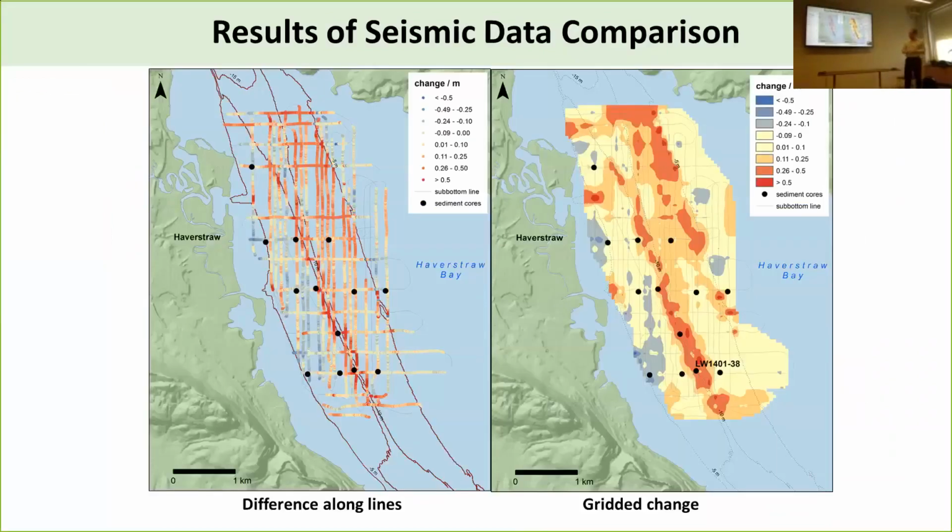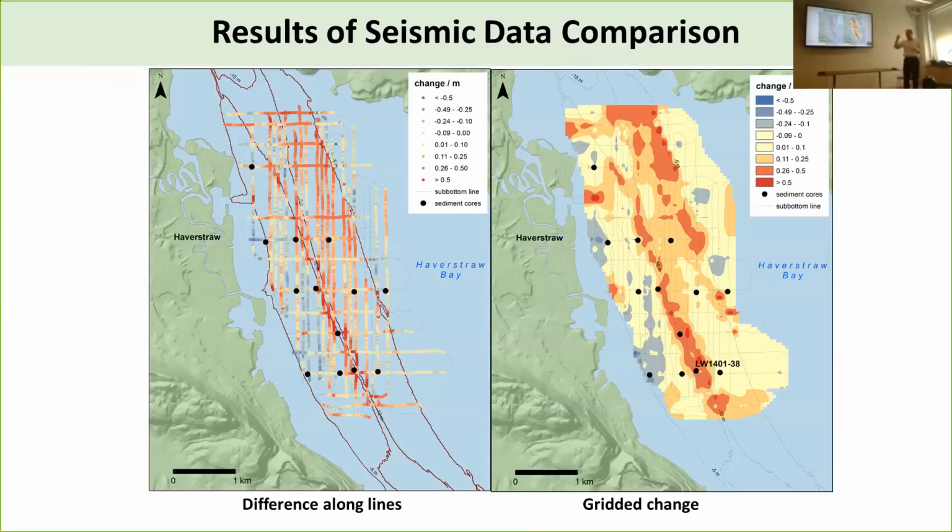We take all those data and all the lines we took, and we can color them by depth. So red is basically here, and also in the future plots, shows deposition and a shoaling of the area, and in bluish we have lost sediment, erosion.